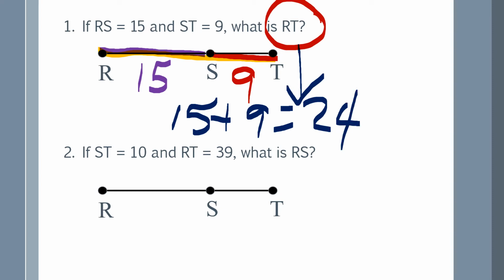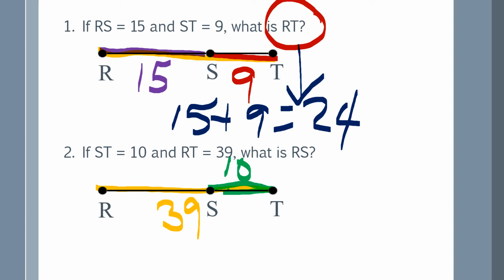Now on the next one, we still need to label what we have to see whether you're going to add or subtract the 2 numbers. So the distance from S to T is 10 units long. The distance from R to T is 39. Notice R to T is the entire segment. That's that yellow segment.